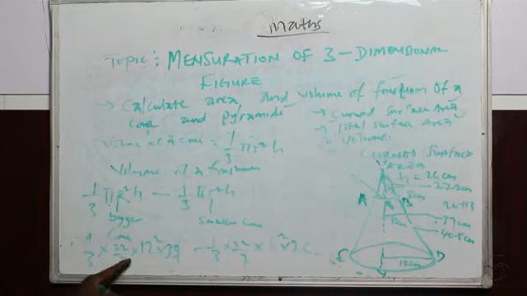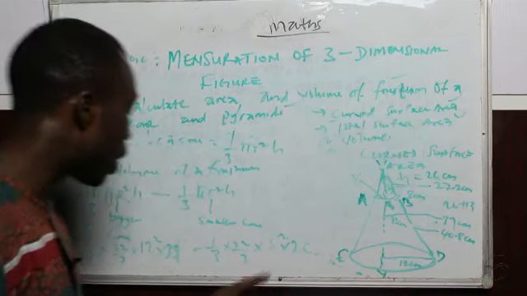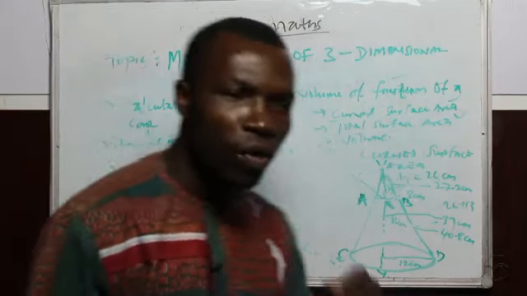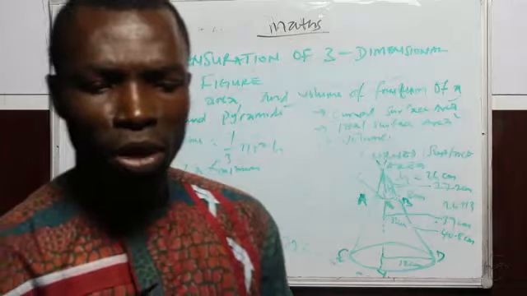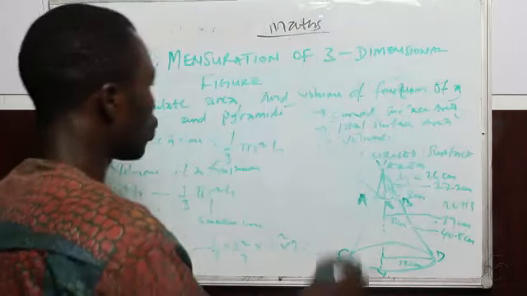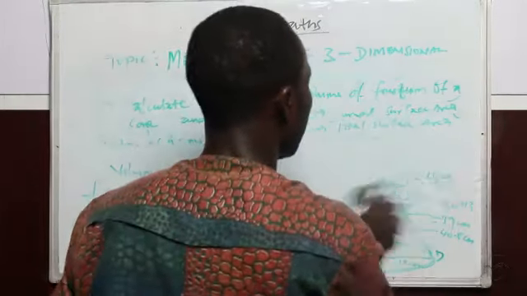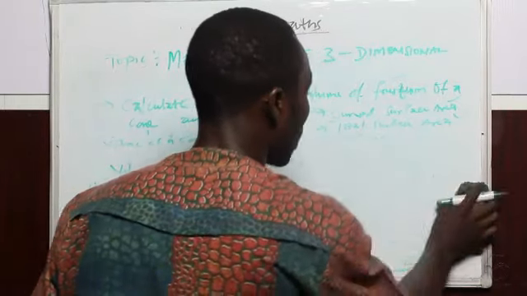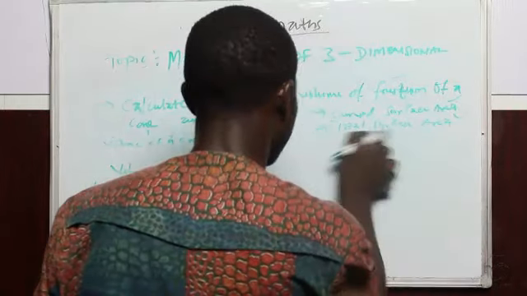Therefore, we have to calculate the value of the bigger cone and the value of the smaller cone. When we calculate the value of the bigger cone, we subtract the volume of the smaller cone from it. Check your calculator so as to find out our answer.